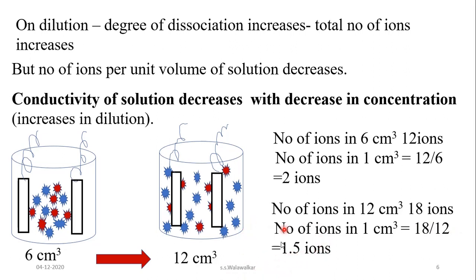That means 1.5 ions are present in 1 centimeter cube volume of the solution, and they are responsible for the conductivity. You know that conductivity depends upon the number of ions present in unit volume of the solution. Here the number of ions in unit volume is 2, and here it is 1.5. So conductivity decreases on dilution, or with decrease in concentration.